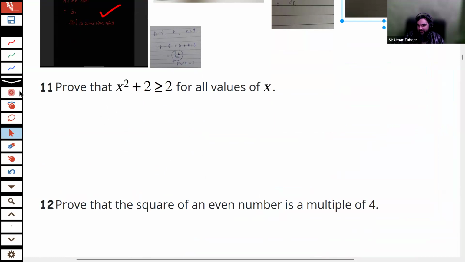You have to do it by deduction method as well. Use your algebra skills and prove that this is going to be greater than 0 for all the values of x.